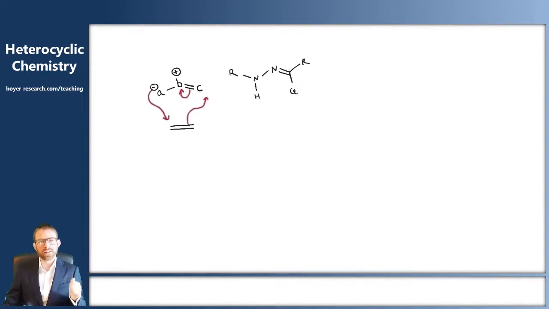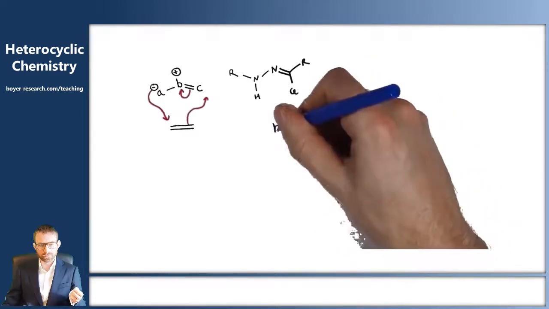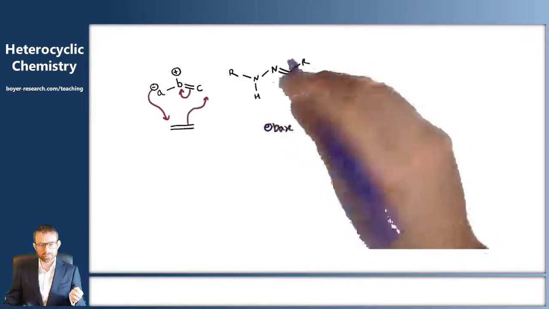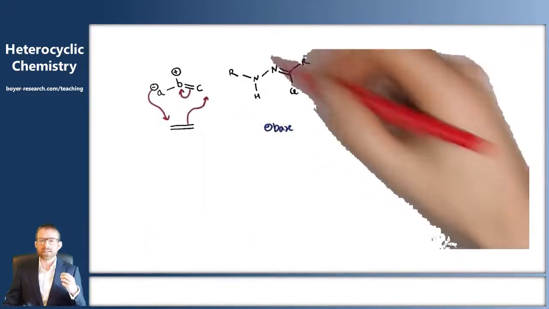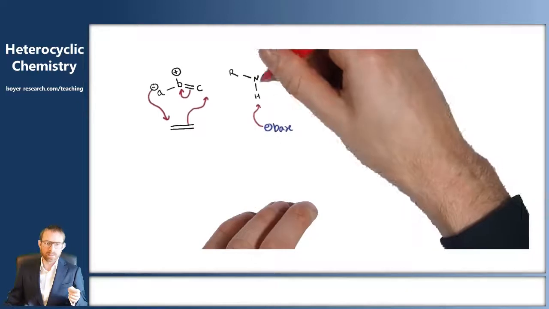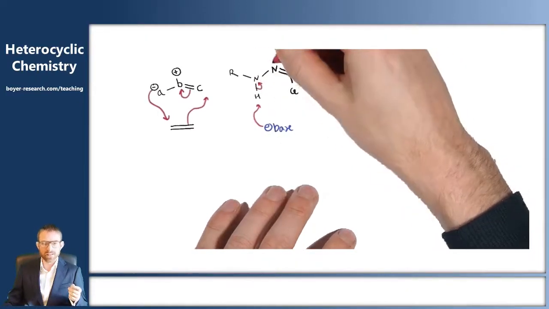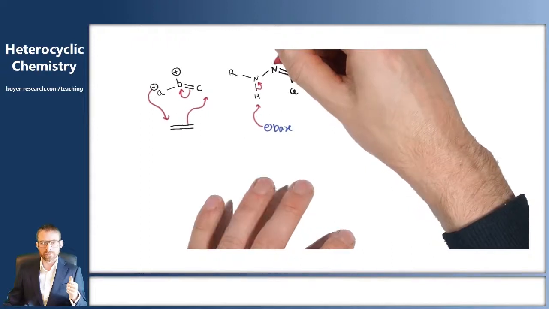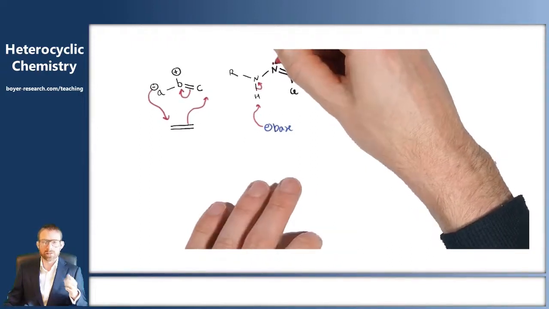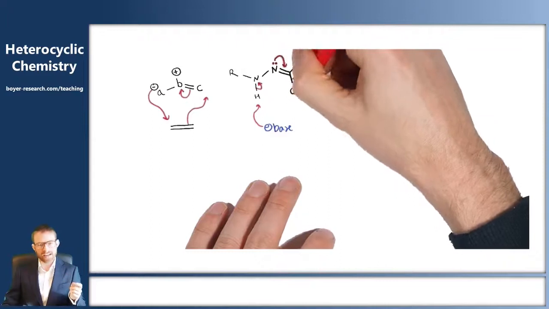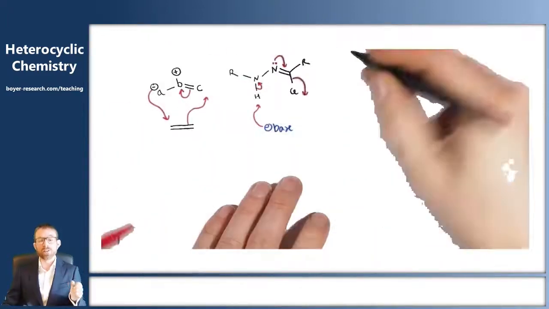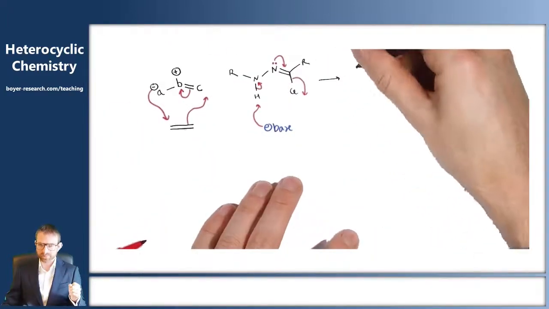If we treat this with a base, then we can generate our nitrile ylide in situ. So the base will remove that acidic proton on the N, and then we'll get loss of Cl-.